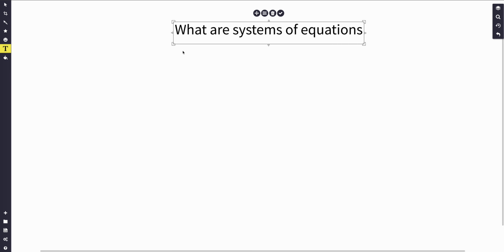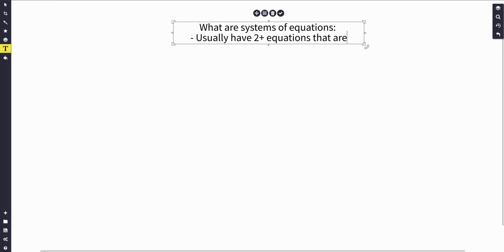So our question is, what are systems of equations? Basically, systems of equations usually have 2 plus equations that are solved together.